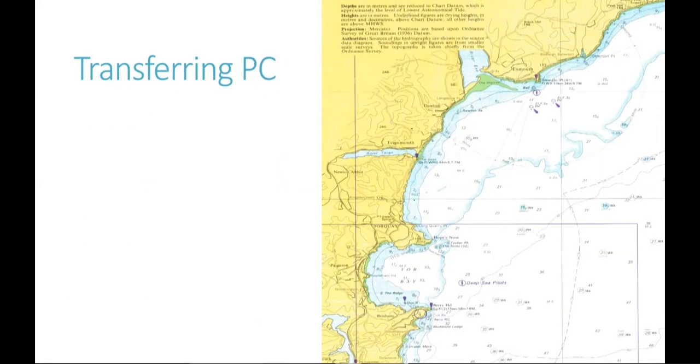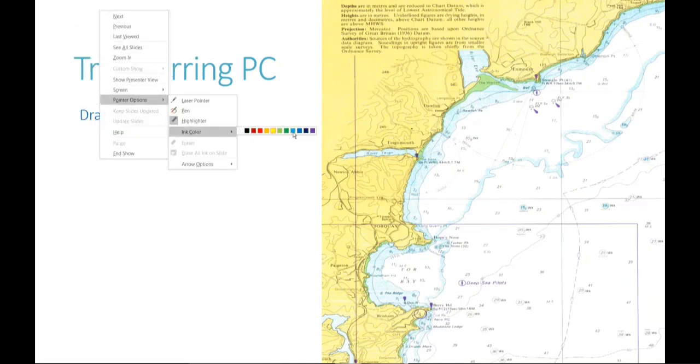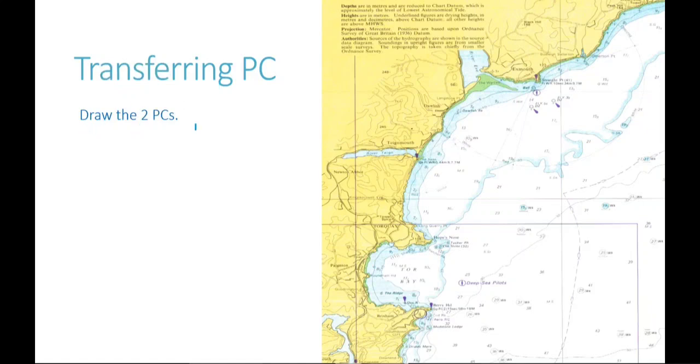So we have reached in this area. The first thing which we have to do is draw the two position circles. Let me pick up the highlighter. Let's see where we have the position circle.